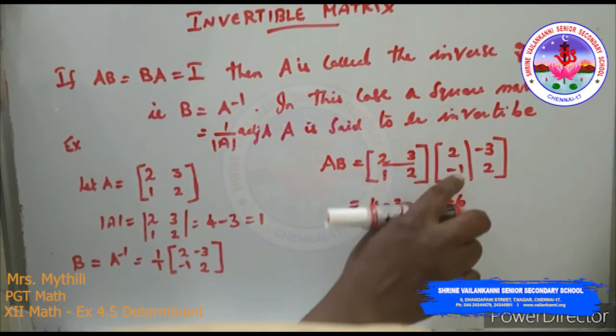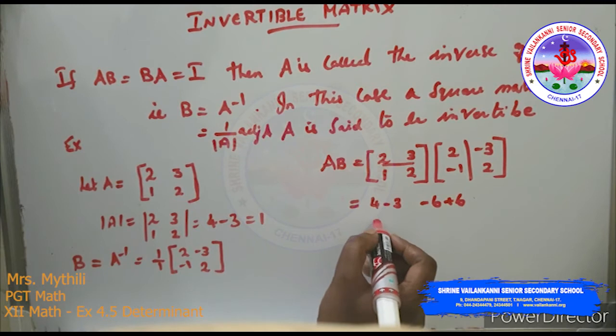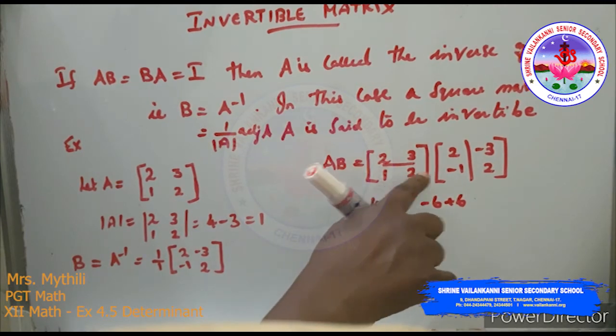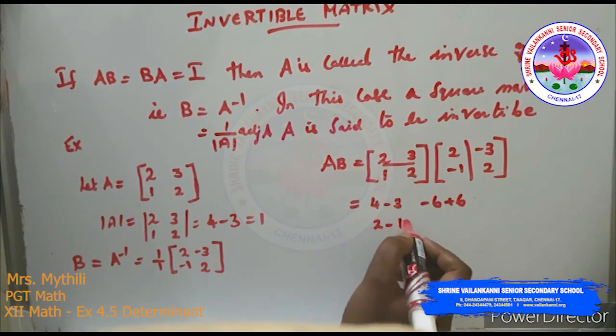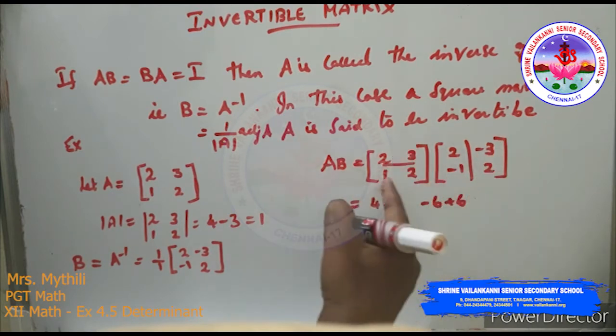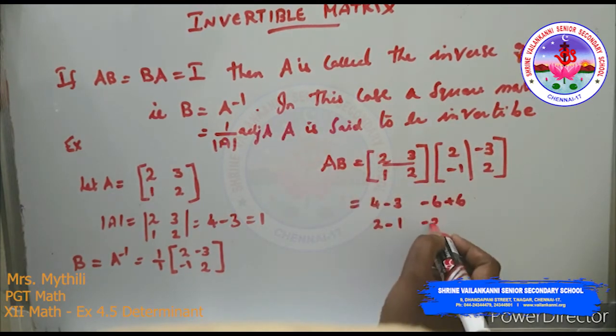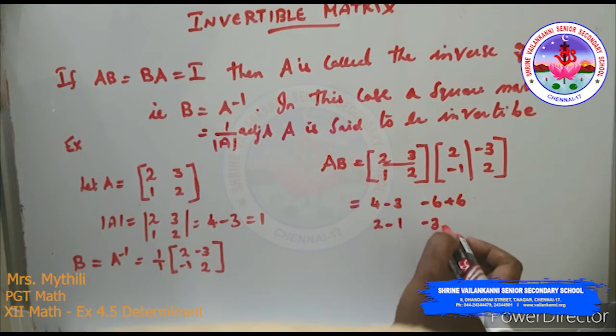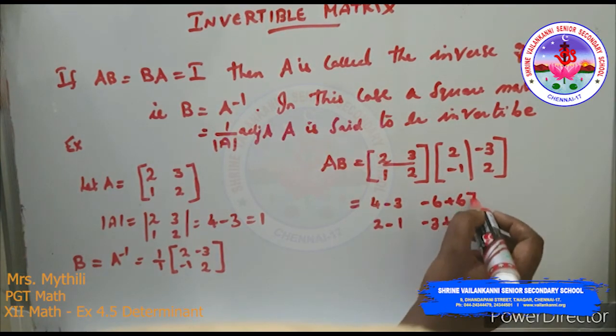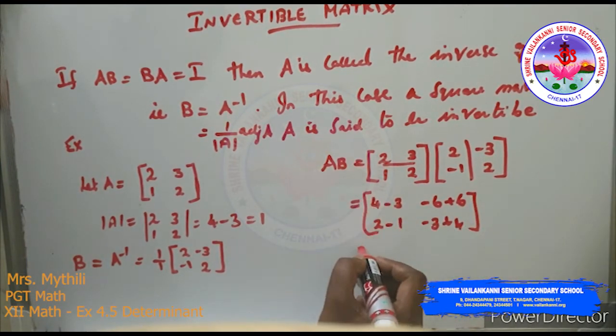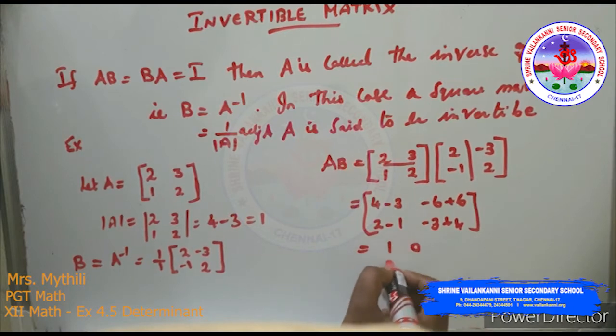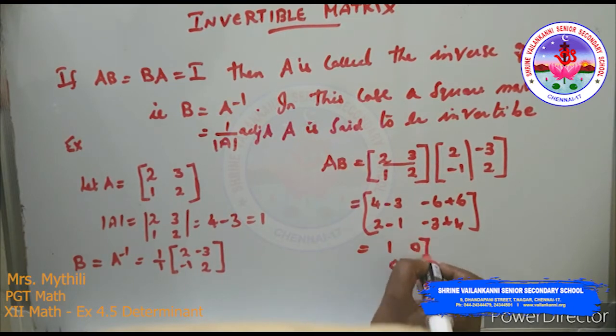Second row, first column: 1 into 2 is 2, minus 2 into 1. Second row, second column: 1 into minus 3 is minus 3, plus 2 into 2 is 4, which is equal to [1, 0; 0, 1].